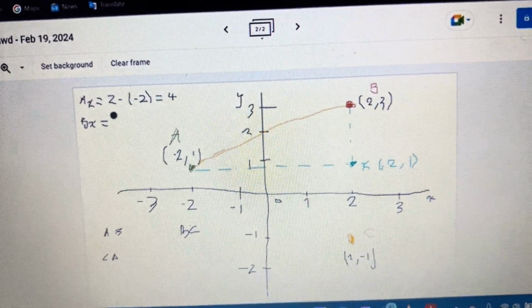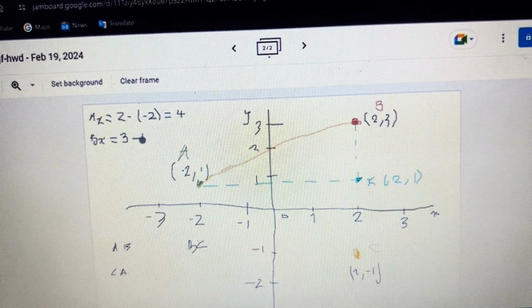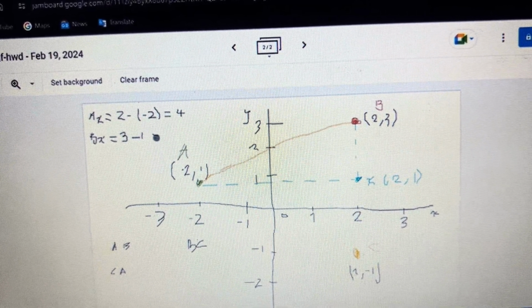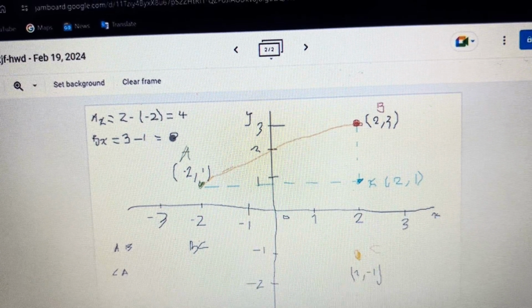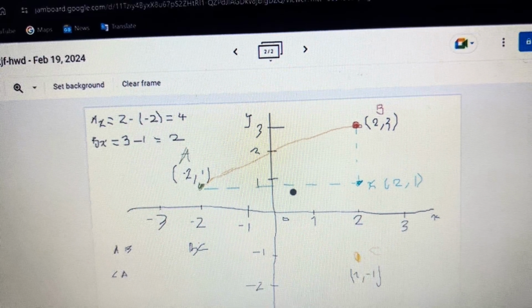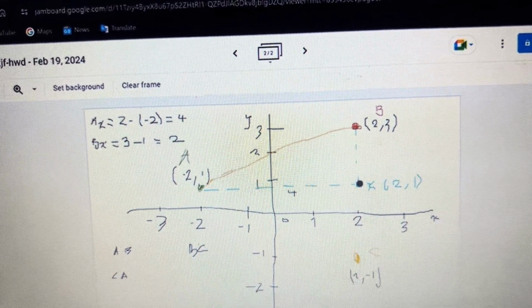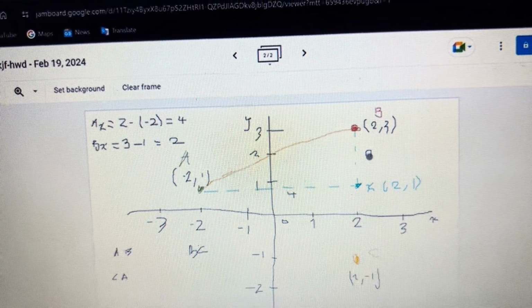The bigger number is 3, so we have 3. Subtract the smaller number, which is 1, and then our difference is 2. So from this, we see that the distance from there to there is 4, and then the distance from there to there is 2.